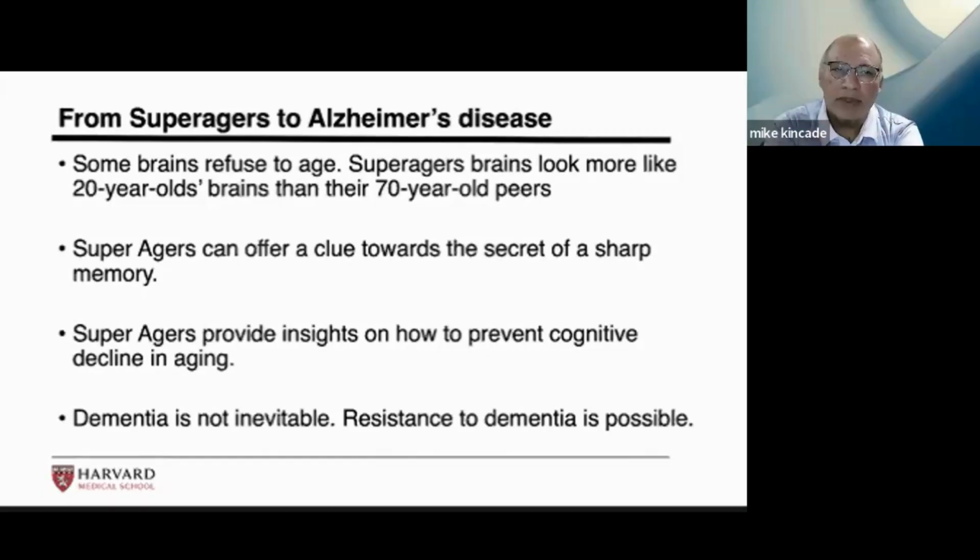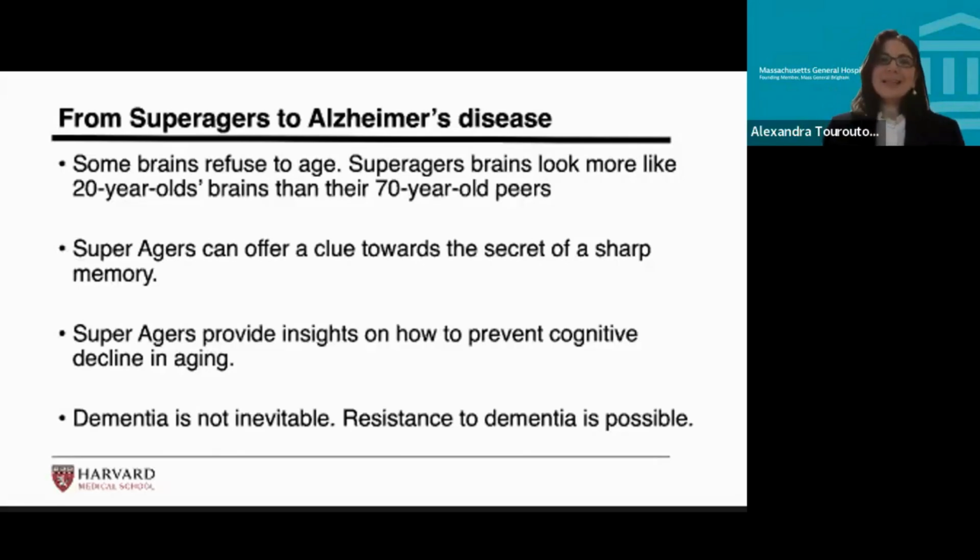Okay. All right. From super agers to Alzheimer's. Yeah, so I wanted to say that taking some advice from super agers can lead us to better treatments for Alzheimer's disease. And I'd like to leave you with the knowledge that for some older adults, as we talked earlier, age-related cognitive decline is not inevitable. We saw in these examples that there are superagers, and the superaging brain looks more like a 20 years old brain than 70 years old peers.